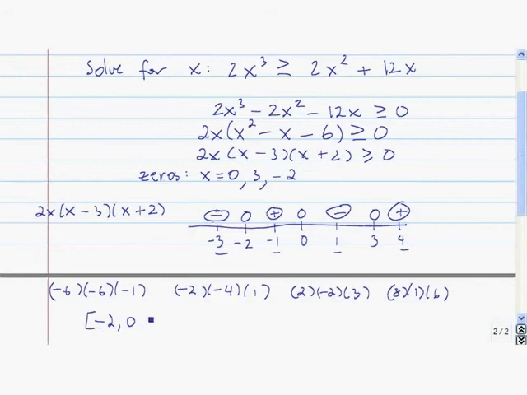And we include negative 2 and 0 because this allows for it to be equal to 0. And then we say from 3 to infinity it's positive. And we also include 3 because it's allowed to be 0. So union 3, infinity. So these are all of the values of x where 2x cubed minus 2x squared minus 12x is greater than or equal to 0.